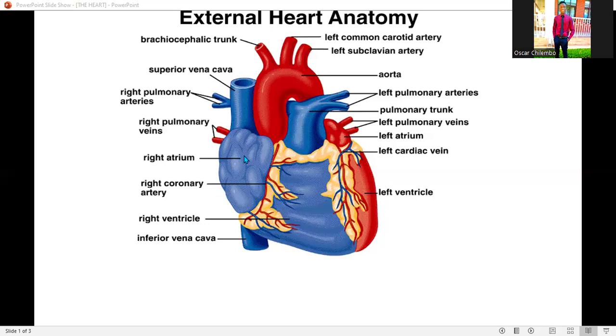Okay, what the left side of the heart does is systemic circulation. Systemic circulation receives the oxygenated blood from the lungs, then distributes it across the body using the aorta.